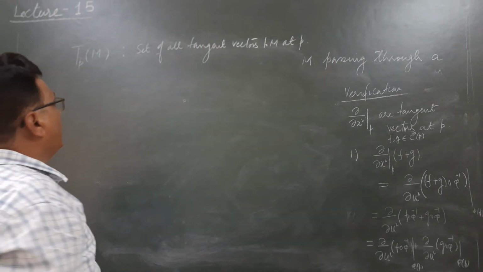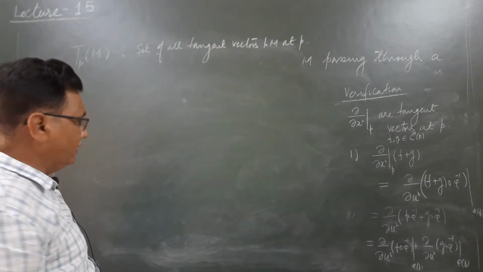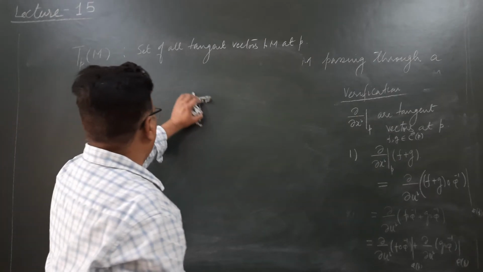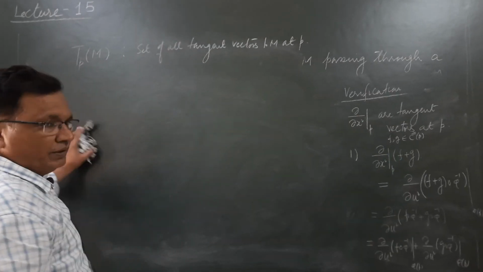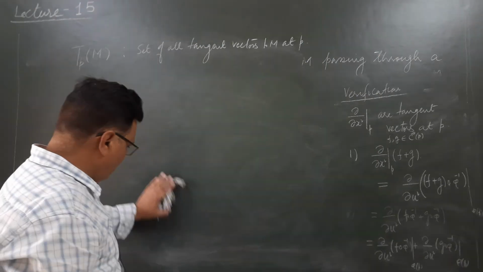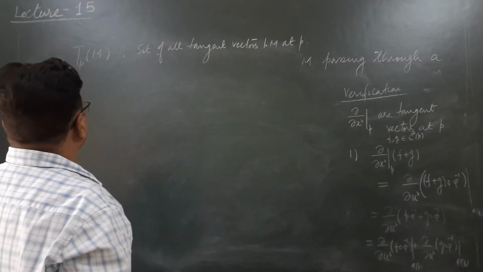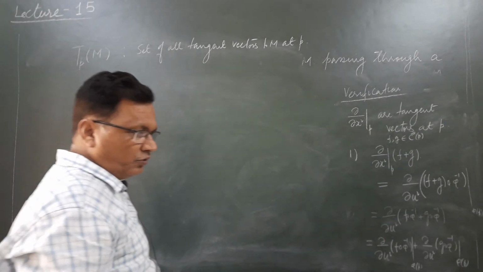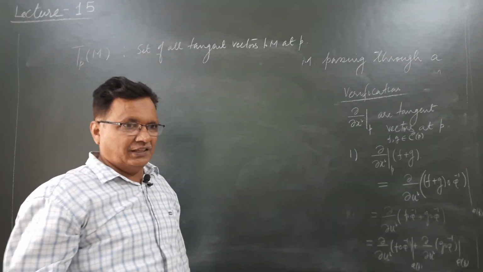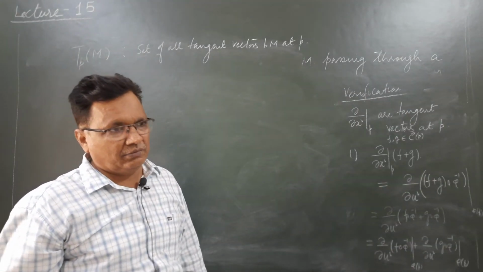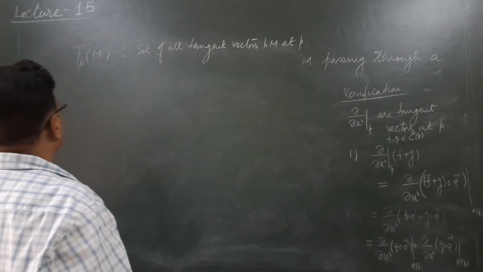Okay? I have taken this set in which I have collected all the tangent vectors. Now our claim is that it will be a vector space of dimension n. To prove this, I need to define two operations on this set, the addition and the multiplication by scalars.